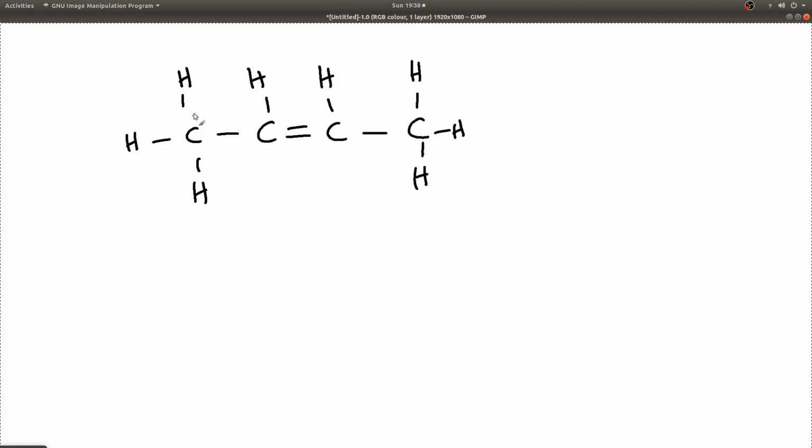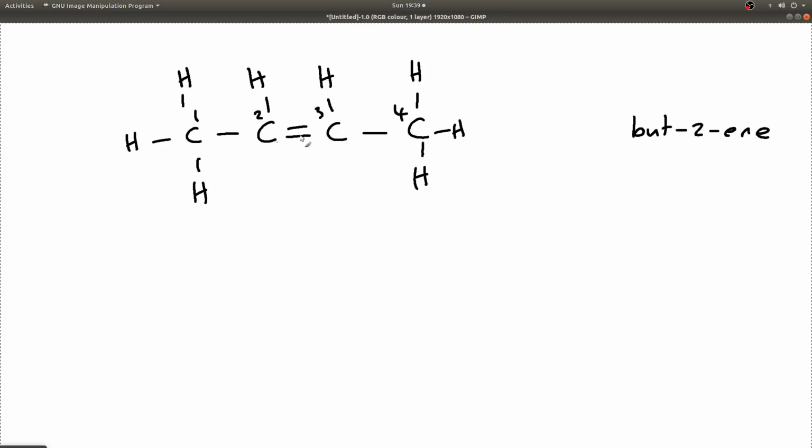Well, if we look at it, it's got 4 carbons in. 1, 2, 3, 4, I'll number them there. And so it's going to be but-, and the double bond means it's going to be an alkene. And this is going to be butene, and the double bond is on the second carbon, not the first one. So what we've got here is but-2-ene.